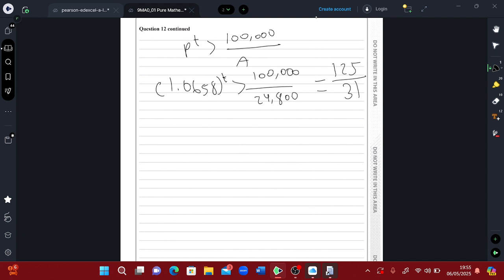When you do inequalities, you can use logs as long as the base is greater than one, because then it won't generate a negative number, so you don't have to think about flipping the sign.